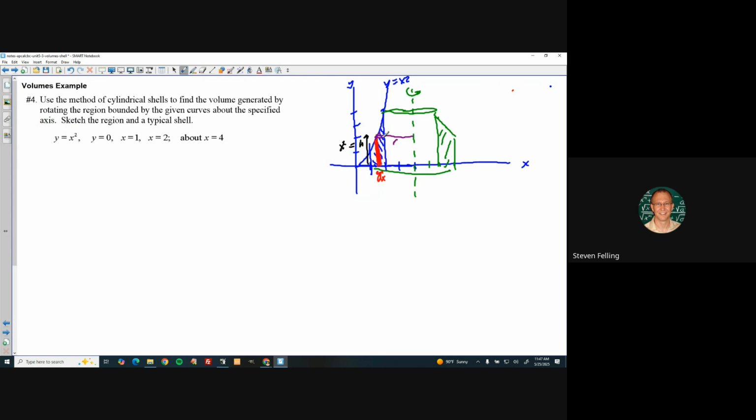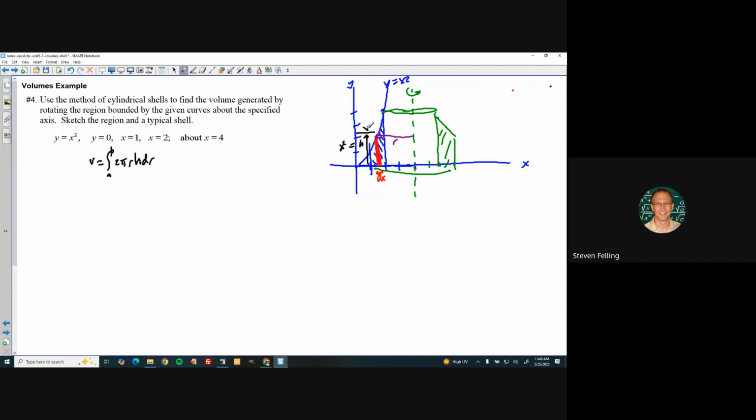Okay, now the trick is we have to deal with this r. Okay, so what is this r? Well, first of all, in the pattern 2 pi r h dx, it's going to be in the same direction as dx, and normally we would say that that is just equal to the x for the rectangle we're on, and that's this distance.